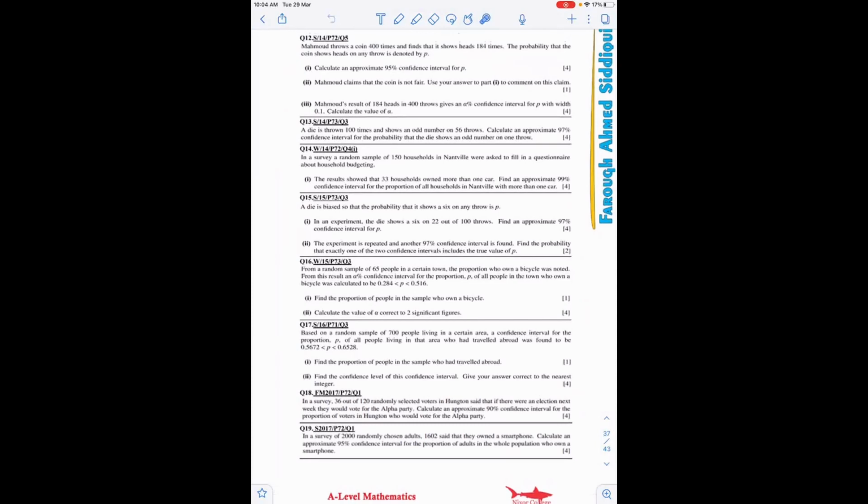Let's see if there is something difficult. I think 15. Okay, let's do 15 then.